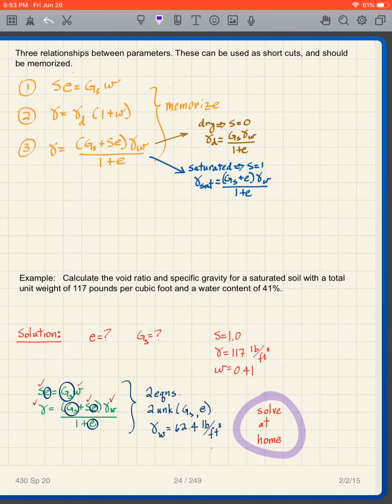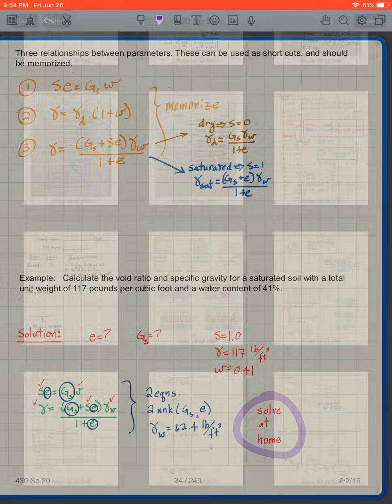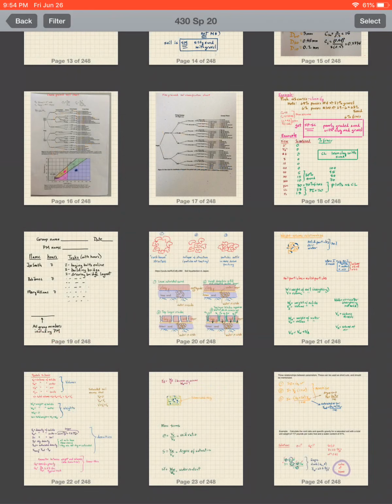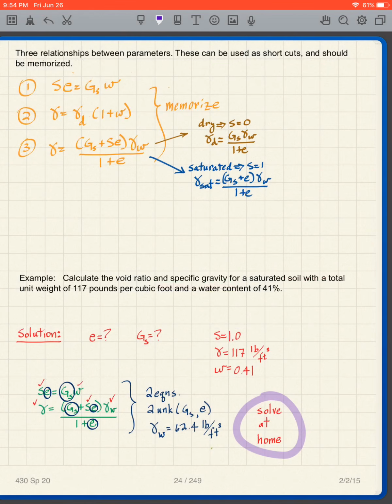I said that you're supposed to solve this at home. That's what I thought here. So, whoops. And I've solved it. I'm going to solve that for you, I guess. So no, I'll just show it to you. You can solve this.